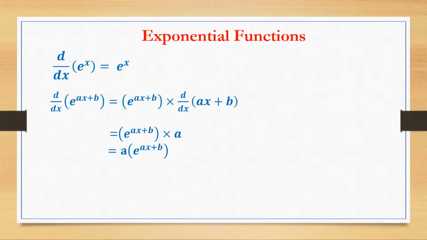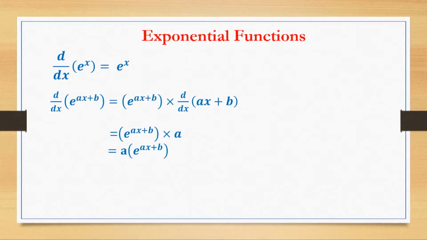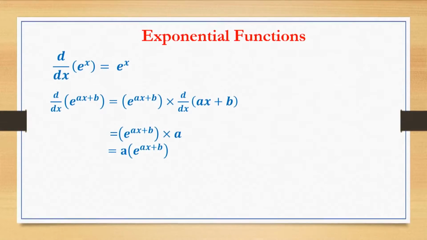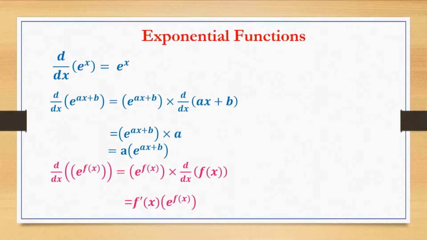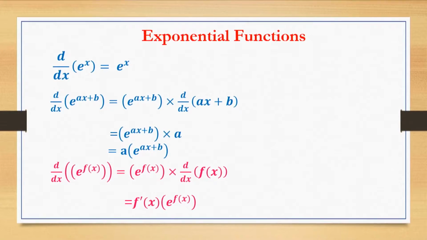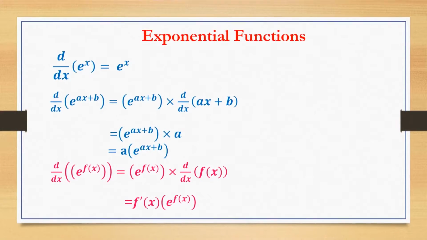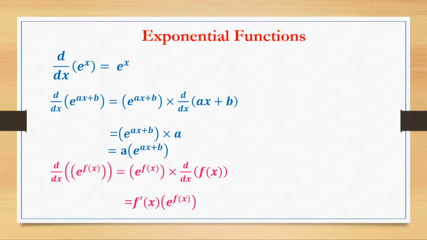So finally, you get a into e to the power of ax plus b. In general, if you have to differentiate e to the power of f of x, you get e to the power of f of x times the derivative of f of x, that is f dash of x times e to the power of f of x.